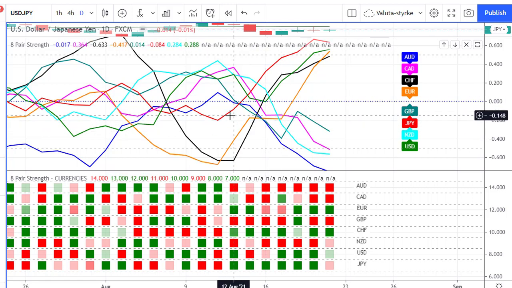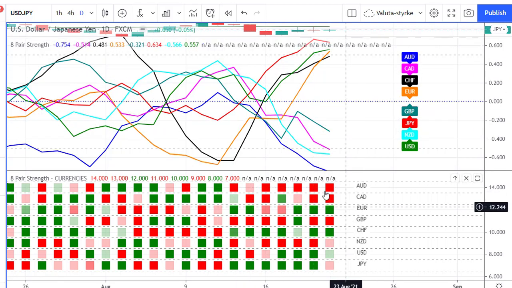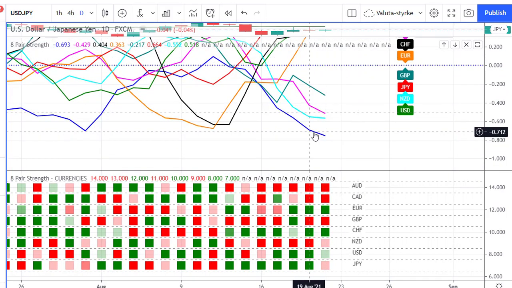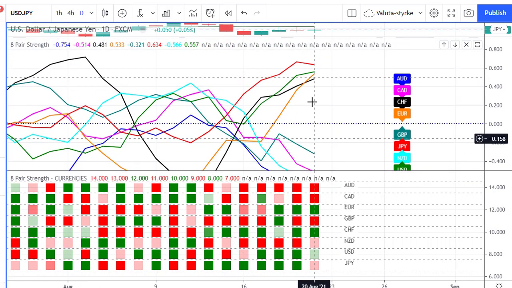So we want to find combinations of currencies where one is getting stronger and going up, and the other is getting weaker and going down. In this one here, you can spot, for instance, the Australian dollar. We can see that the last day this line has been going down, so that gives us a red here. The same with the Canadian dollar. We can see that the euro is green, meaning that the last day this orange-brown line has been going up.